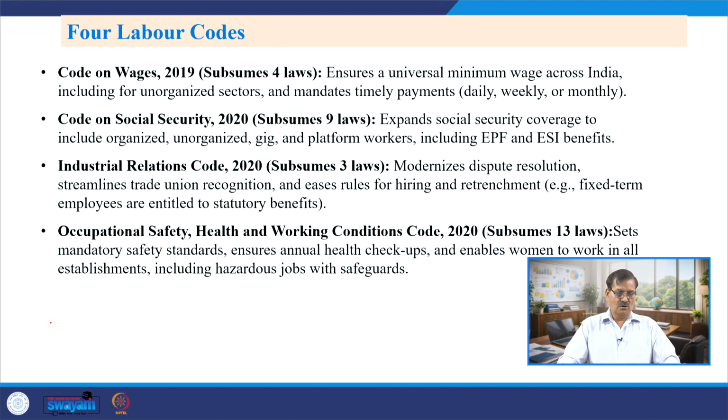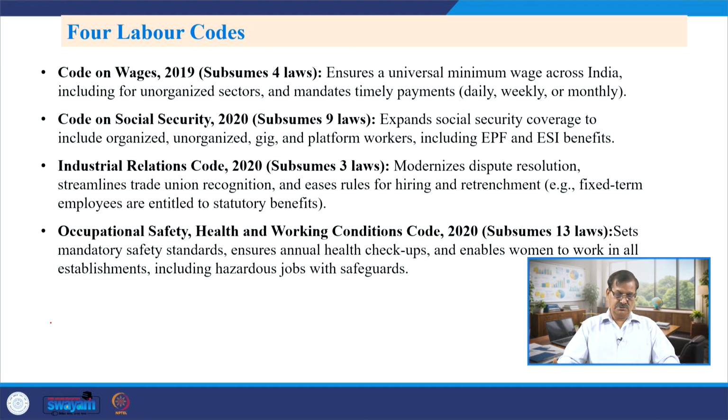First is the Code on Wages, which came into existence in 2019, and existing four laws were subsumed, and a comprehensive Code on Wages was developed. It ensures a universal minimum wage across India, including for unorganized sectors, and mandates timely payment, daily, weekly, or monthly. So, minimum wages across different sectors have been decided by this code.